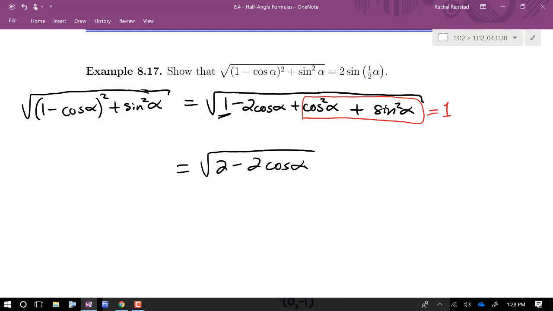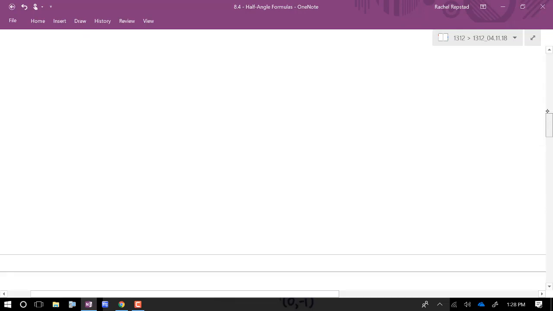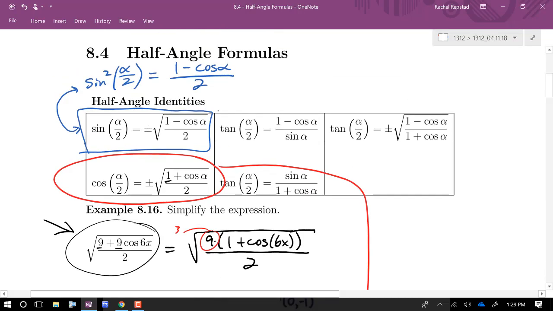Now we're still not quite done, right? Look at where we want to go. It seems like we're going to use a half angle identity somewhere. We're trying to get a sine of 1/2 alpha. So if we look at the half angle identity for sine right here, we do have a 1 minus cosine alpha over 2 inside the radical.